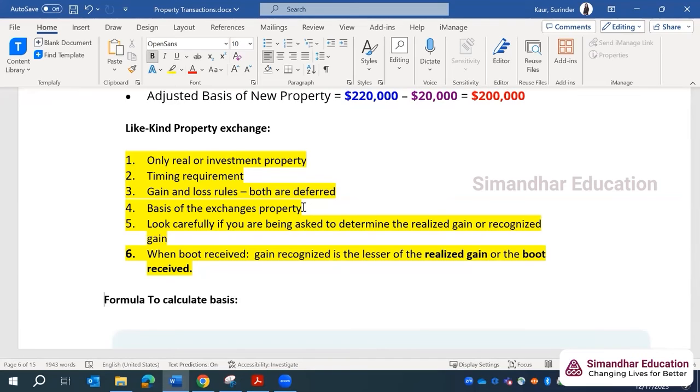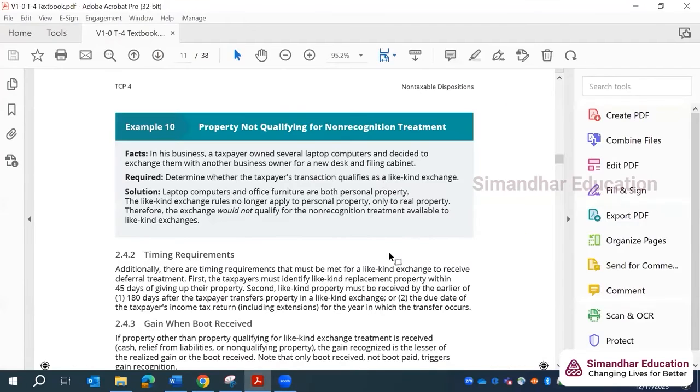The second thing that you have to remember is that in a like kind exchange you will first have to identify the property within 45 days of the exchange, and you will have to receive the property within 180 days after the taxpayer transfers the property in the like-kind exchange or the due date of your income tax return, whichever is earlier.